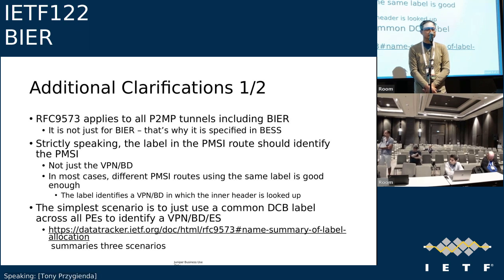No, wait a second. What I'm saying is, if it's an upstream assigned label, you may get in the control plane from different routers, for different purposes, the same label, but you still need to be able to keep them apart. You would be getting BIER packets in different contexts, whether it's different VRFs, VPN or whatever, and they have the same upstream label.